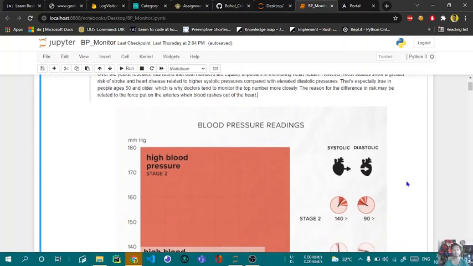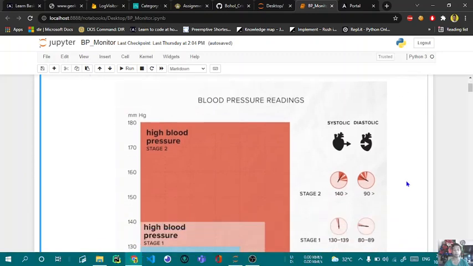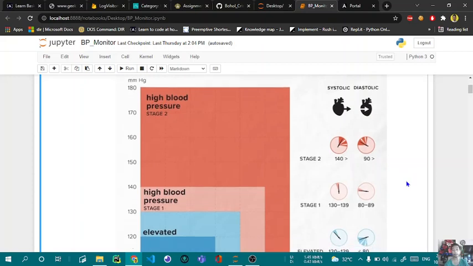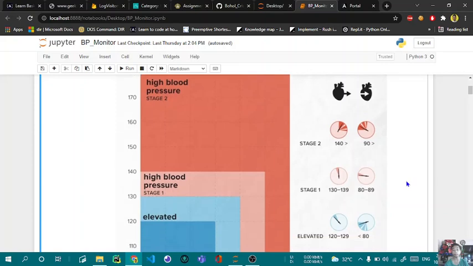So this is my BP readings. For stage 2, systolic is greater than 140 and diastolic is greater than 90. Stage 1 is 130 to 139 systolic and 80 to 89 diastolic.